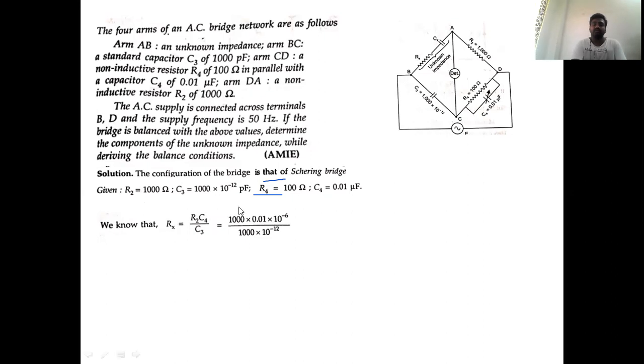What is the value of R2? 1000 ohms. What is the value of C4? 0.01 microfarad. What is the value of C3? 1000 into 10 to the power of minus 12. Solve the expression for Rx, and post your answer in the chat box.